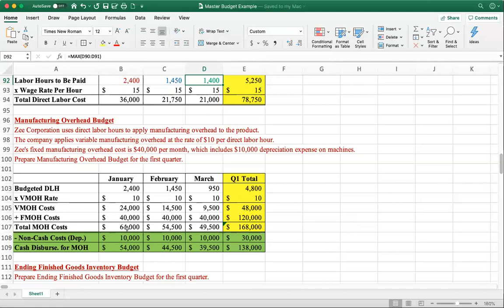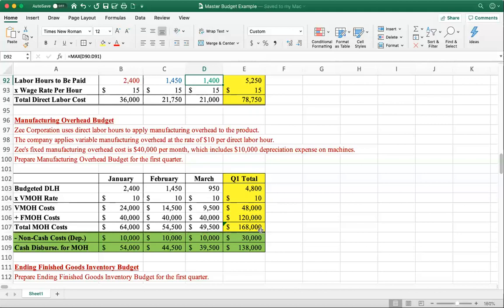So the total manufacturing overhead cost for January is 64,000, February is 54,500, and March is 49,500. We can add them together horizontally, 168,000 for the whole quarter, or we can do it vertically: 4,800 times 10, 48,000, plus 120,000 for the 3 months fixed factory overhead, will give you 168,000. So that's your total manufacturing overhead cost.